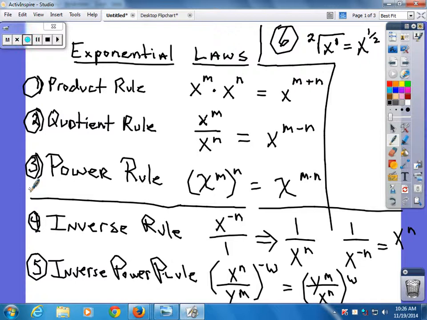So tell me what I did when I rewrote this as this. I put what over what? I put the exponent over the index.